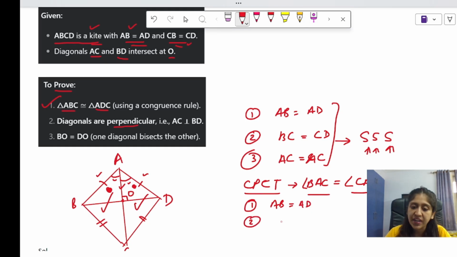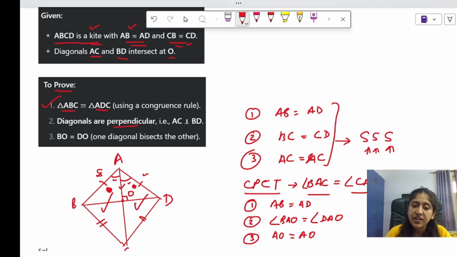Then the second rule that I applied was angle BAO is equal to angle BAO. ठीक? And the third rule that I applied was AO equal to AO. Let's just see ये rule भी follow हो रहा है कि नहीं हो रहा है. मैं ऐसे ही तो नहीं कुछ भी बोल रही हूँ.